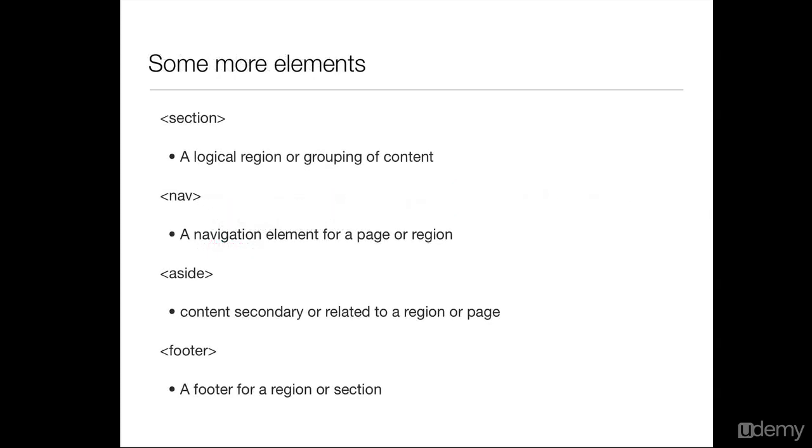Let's now look at some more elements. I mentioned section, and that captures a logical regional grouping of content. So think of a section along the lines of, say, the sports section of a newspaper.